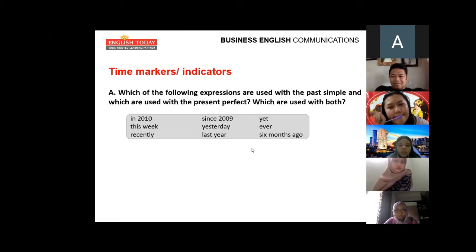Past simple. Thank you so much. Now Aris, you choose one person and you choose one word for that person. Bondan, what do you think about the word ever? Past simple. Okay, we'll find out soon, but thank you.